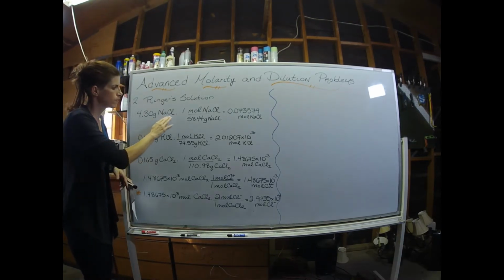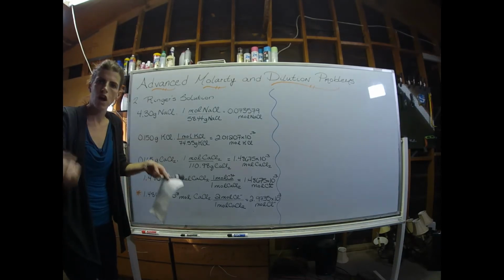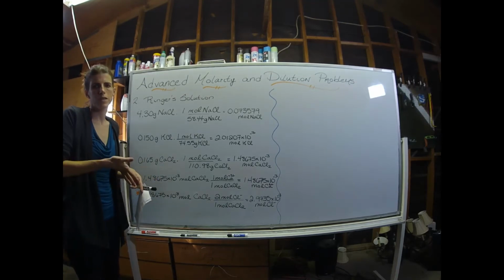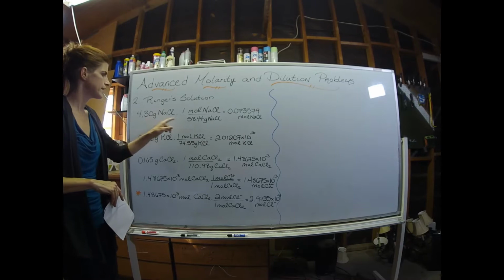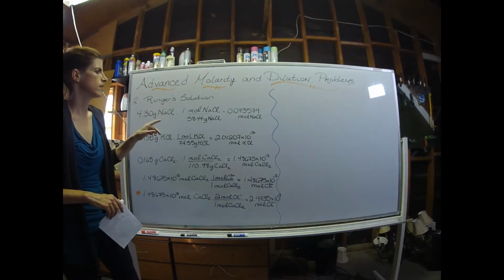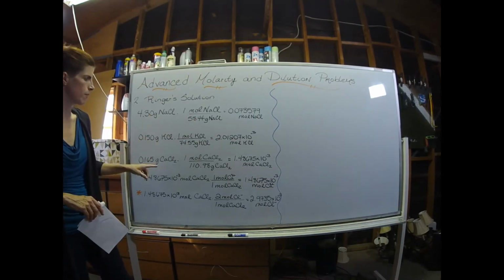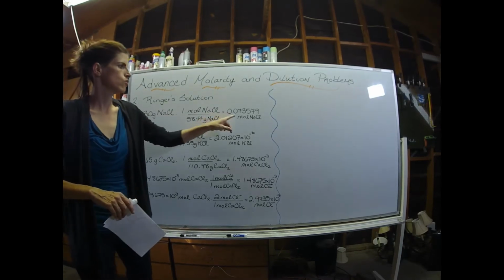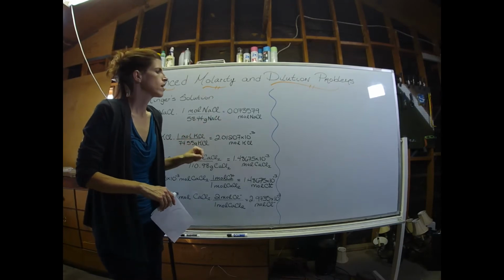Remember, all of these ionic compounds listed here are soluble. So they're going to break into their respective ions once they're mixed into the water. So what I did was I went ahead and calculated the formula masses of each compound, and then used my conversion factors to change each of the masses into their respective moles.